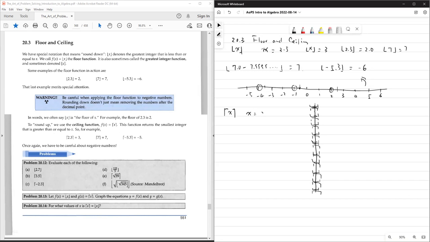Say if x equals 3.5 again, then the ceiling of x will be 4. The ceiling of 2.3 over here will be 3. It's the next greatest integer. And the ceiling of negative 5.3 will be negative 5.